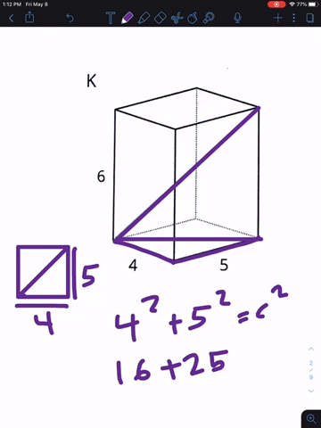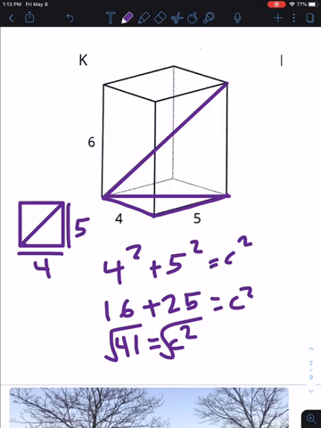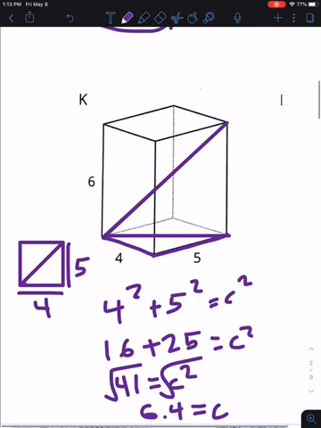If we add those together, 16 plus 25 is equal to 41. So we end up with 41 equal to c squared. If we take the square root of both sides, the square root of 41 is about 6.4. So 6.4 is equal to c.